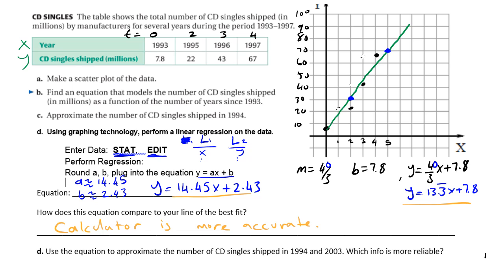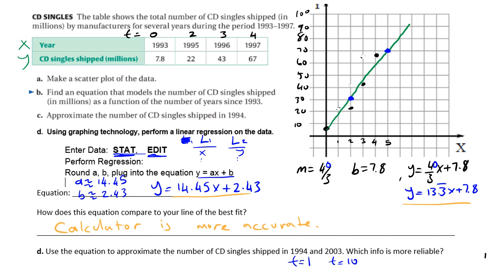Use the equation to approximate the number of CD singles shipped in 1994 and 2003. 1994 would be when t is equal to 1. 2003 would be t is equal to 10.